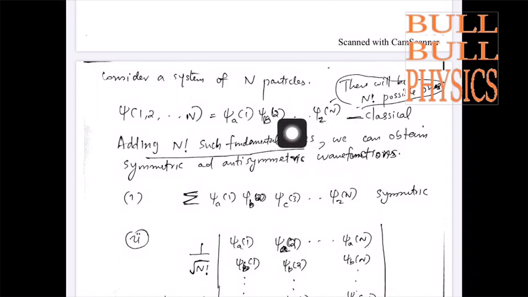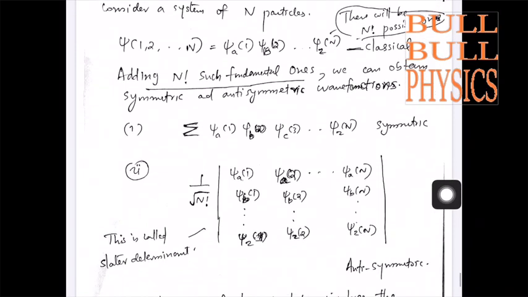If you interchange the particles, you get a new wave function, so there are N factorial ways of interchanging the particles like this. Using such N factorial fundamental wave functions, we obtain symmetric and antisymmetric wave functions.